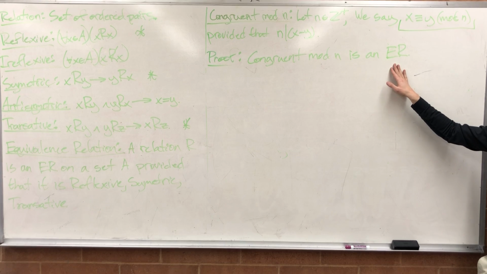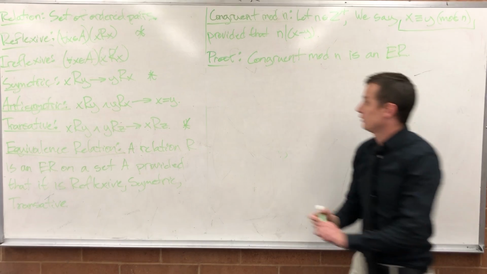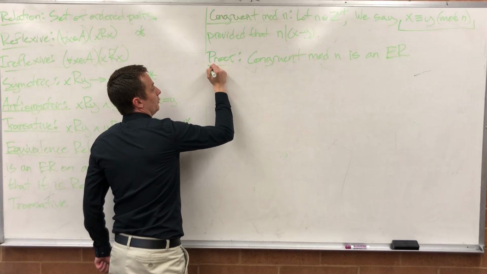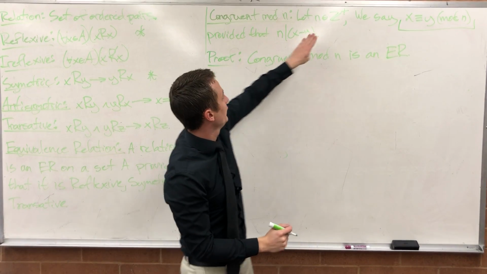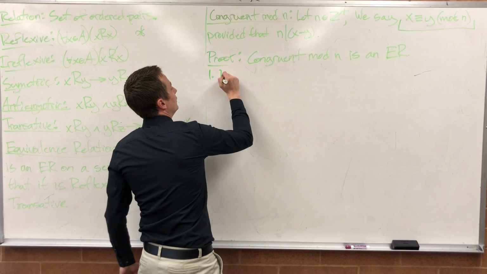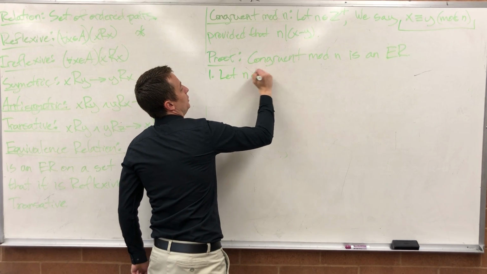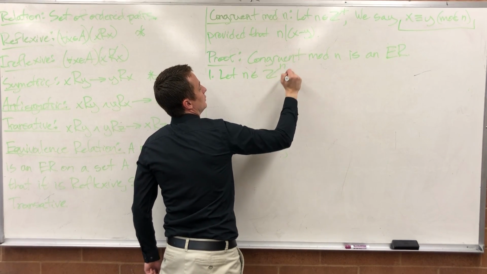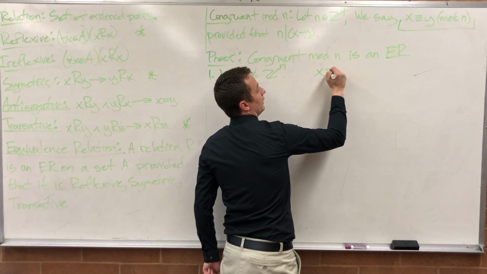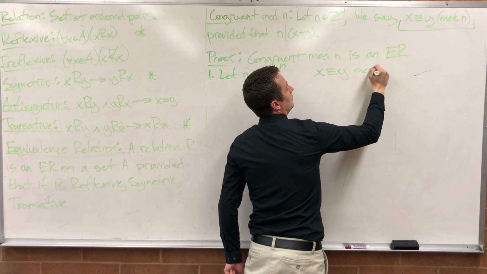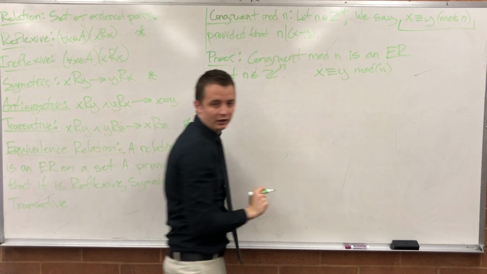You show that it's reflexive, symmetric, and transitive. Perfect. So that's what we start with. First we need to make sure the congruence relation makes sense. The only way it makes sense is if we pick an n. So 1, let n be some positive integer. Our job is to show now that x is congruent to y mod n is an equivalence relation.